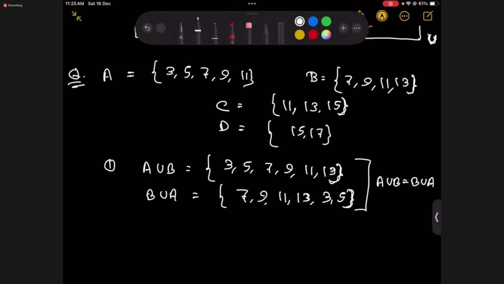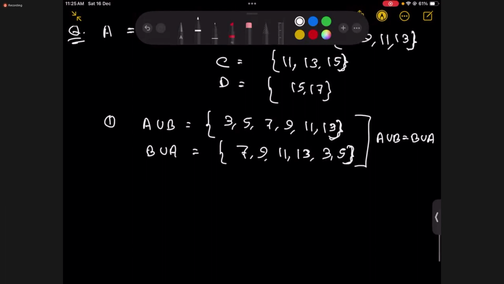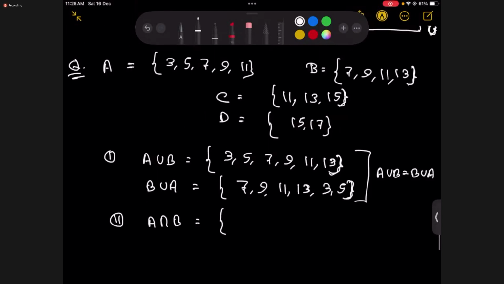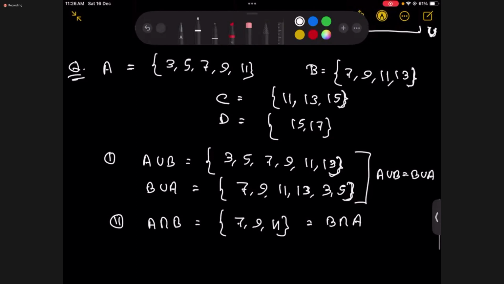Okay. What about A intersection B? So what are common elements in these two sets? 7, 9, 11. And also check that this is same as B intersection A. Okay, so we have verified both the two things.